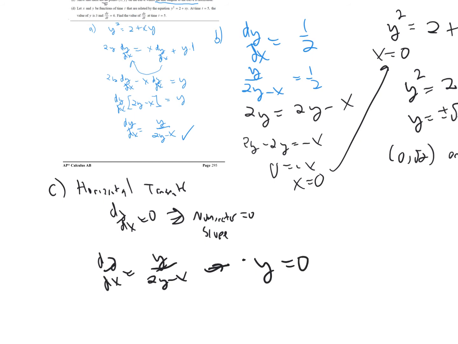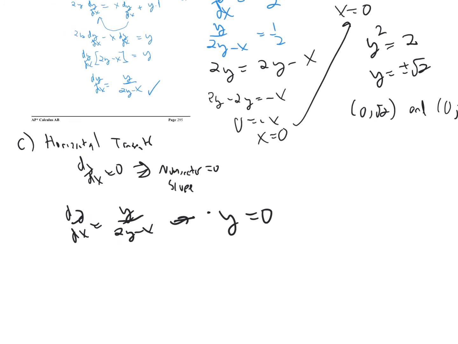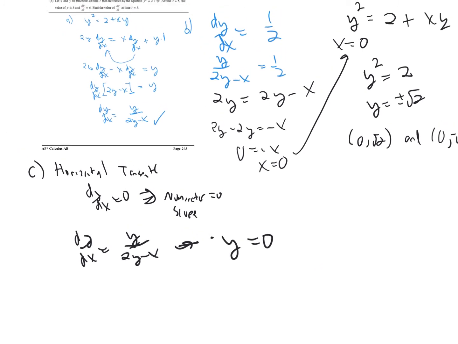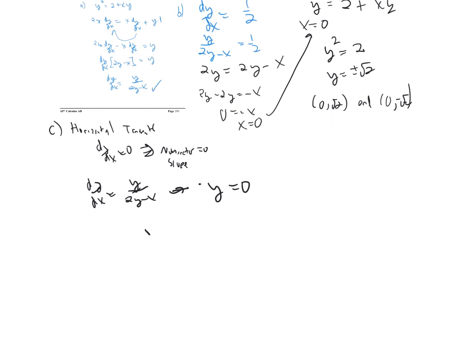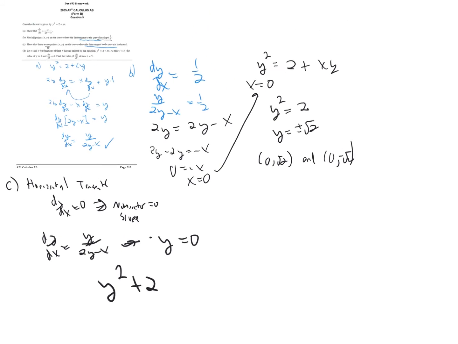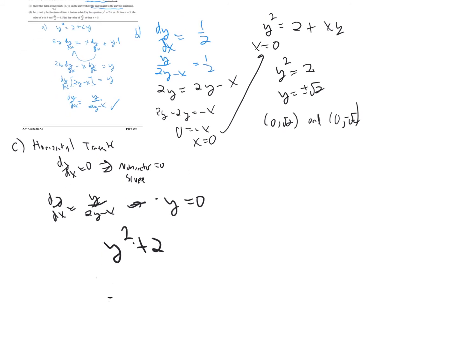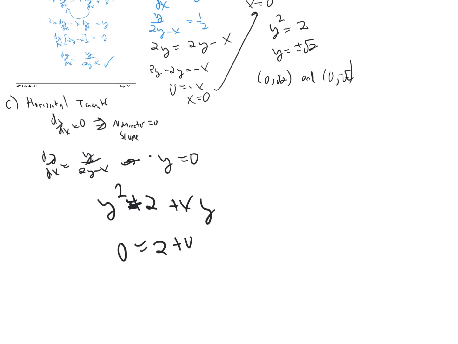If y equals 0, and I plug that into my function, y squared equals 2 plus xy, I get 0 equals 2 plus 0. 0 can never equal 2, so when I'm looking for horizontal tangents, I'm not going to find any. It just doesn't exist.